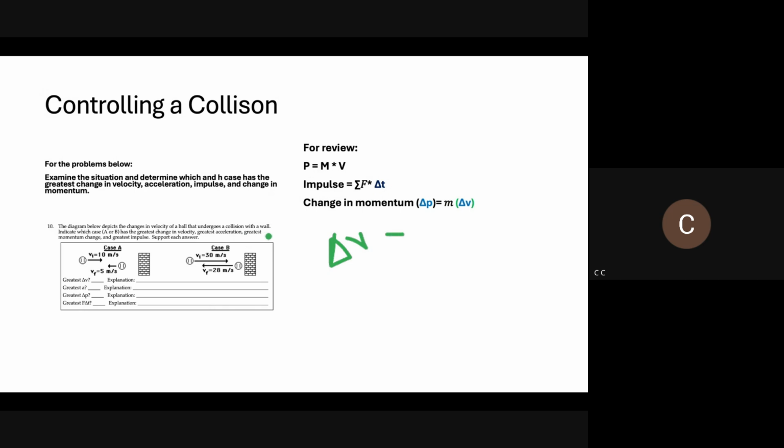It's not momentum. It's change in Vf minus Vi. Good. So if I was to calculate the change of velocity for case A and case B, which one would be greater?